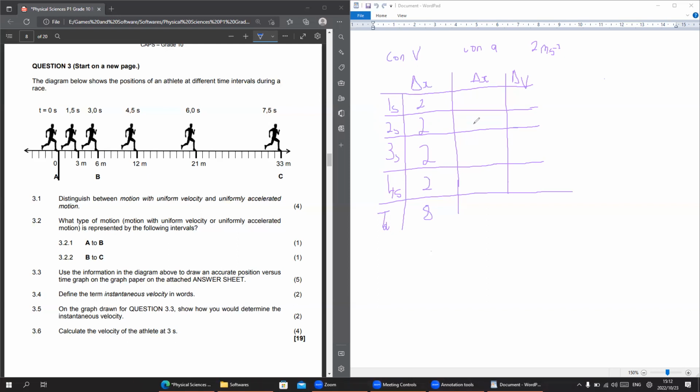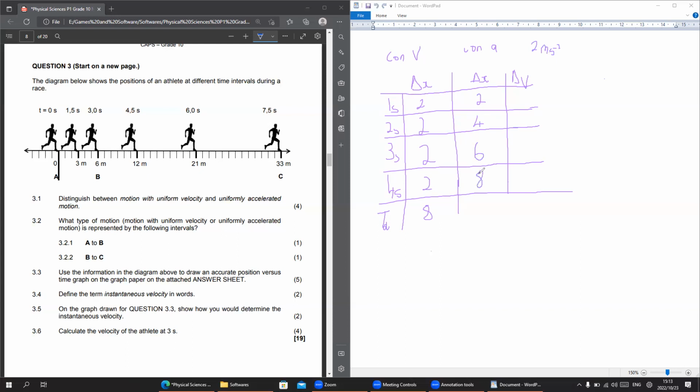So what's gonna happen is that on your first second, you will cover 2 meters. But on the second one, since you've already accelerated, you're gonna cover 4 meters. On the third one, you're gonna cover 6. On the fourth one, you're gonna cover 8.